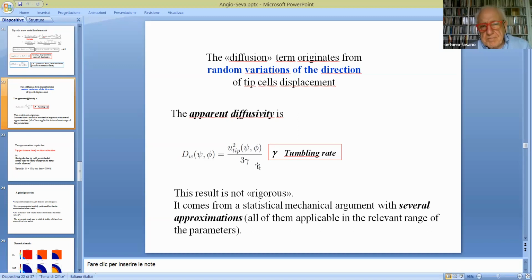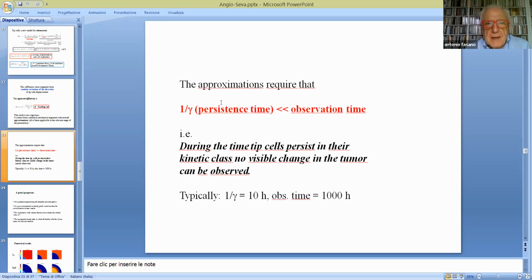So this gamma here, which has dimension time to the -1, so it's a rate, is called the tumbling rate, and it regulates the frequency of the cell's vibration, and it has to be such that 1/gamma, which is called the persistent time, has to be much shorter than the observation time.